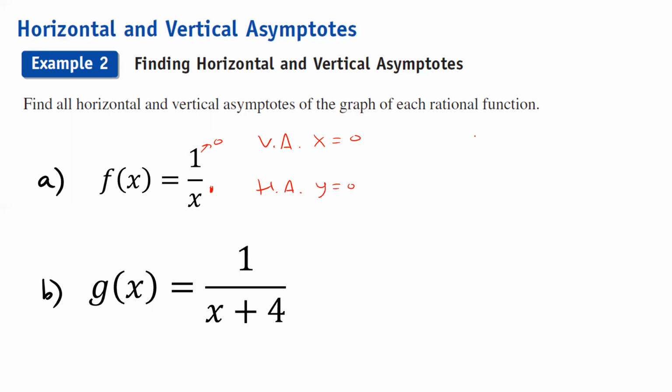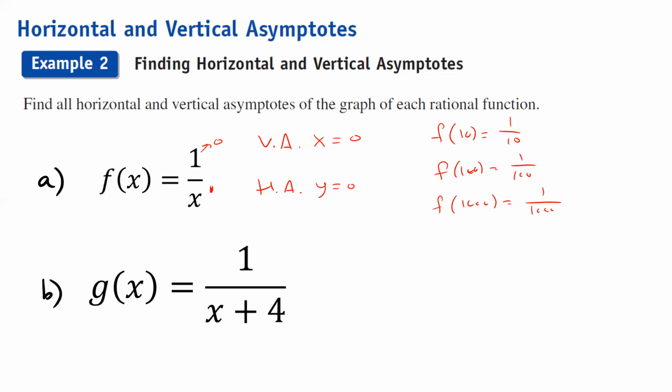But let's get a little bit more depth into this here. Horizontal asymptotes are talking about what happens at the ends, right? So if we talk about this right here, let's see. If I plug in a 10 into this, notice this is going to be 1/10, right? As I'm going off to the right-hand side. If I plug in 100 into here, this is 1/100, very close to 0. You're never actually going to hit it. So the further I go out to the right, the closer 1 over that number gets to 0.